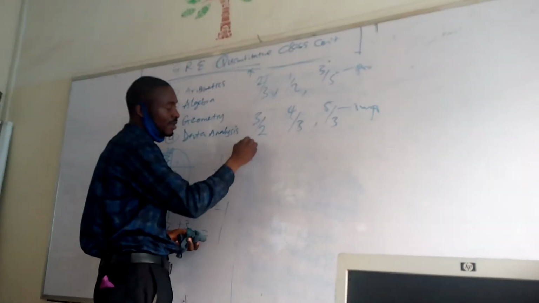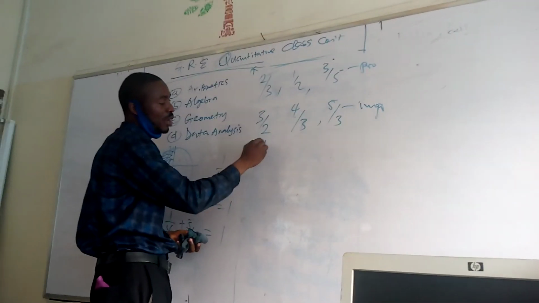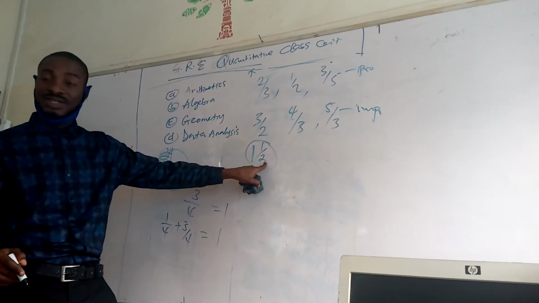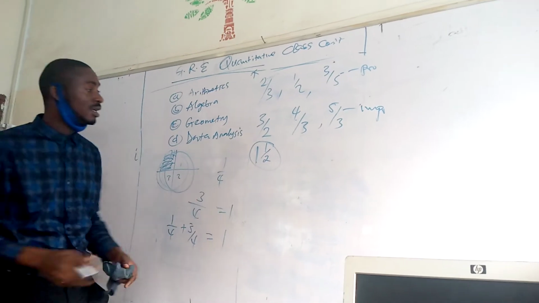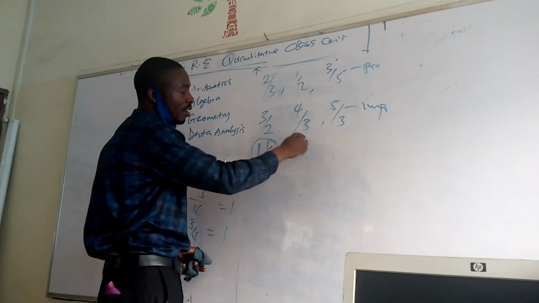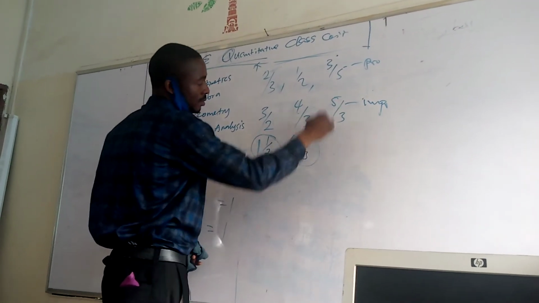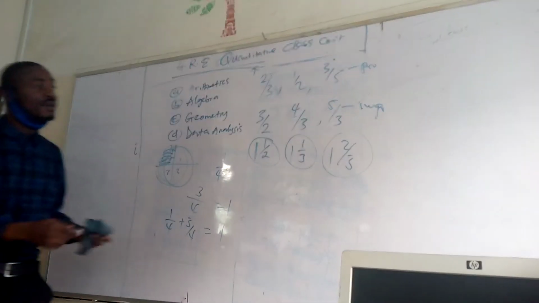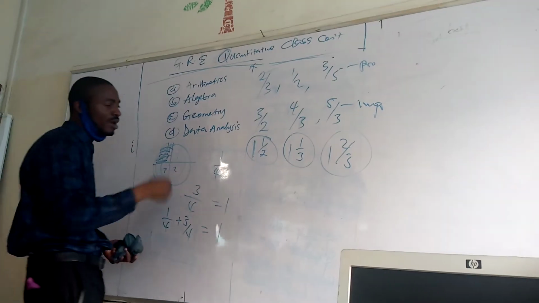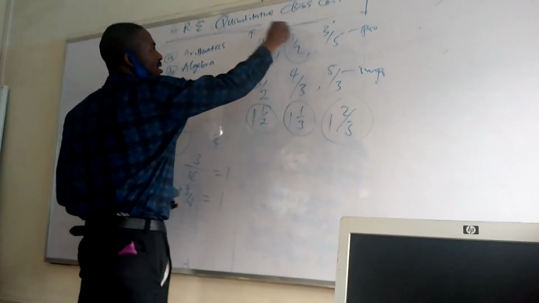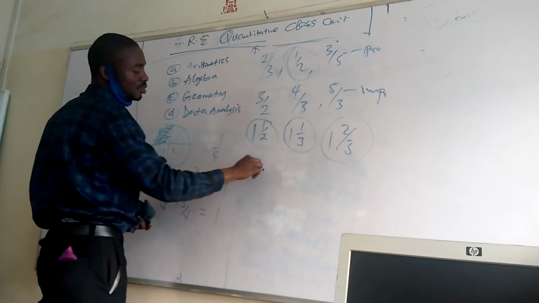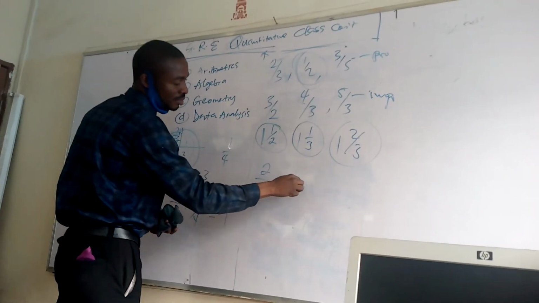It will definitely give me 1, and I'll be left with 1 over 2. Combining a whole number and a fraction is called a mixed fraction. The same thing applies to all these. And a whole is just a whole number. For example, if I invert this, I'll have 2 over 1, which is the same thing as 2. So I have a whole number there.